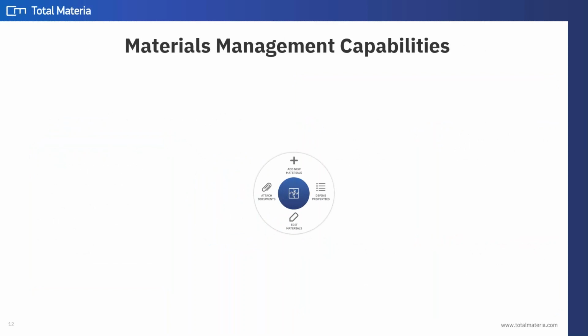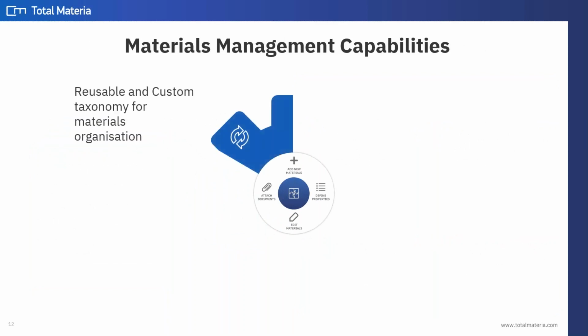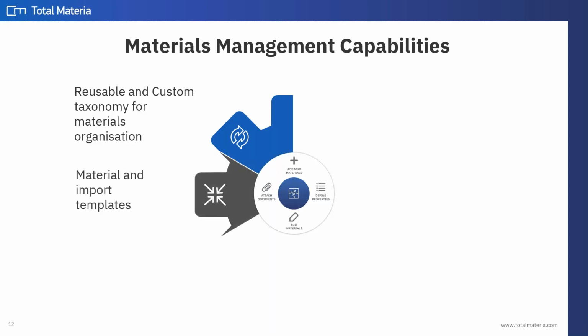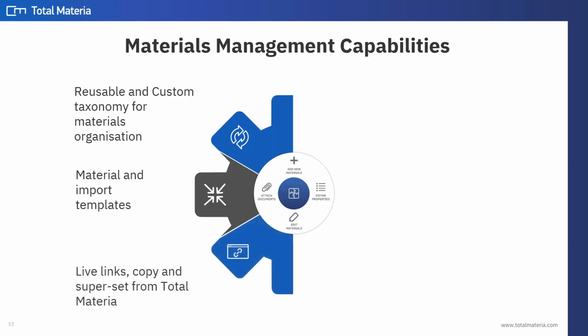And of course, the different capabilities of having a proper materials management system: being able to reuse materials within the organization, recycling that information, having proper customized material import templates, having live links that help you copy internal material information from Total Materia Horizon. So let's say your internal database doesn't have a stress strain curve for a specific material.